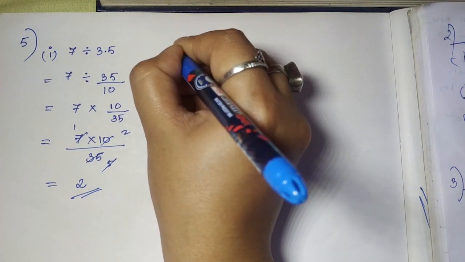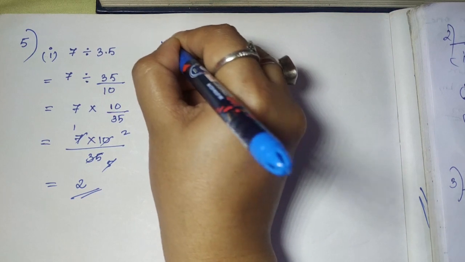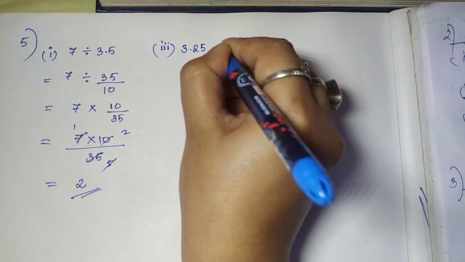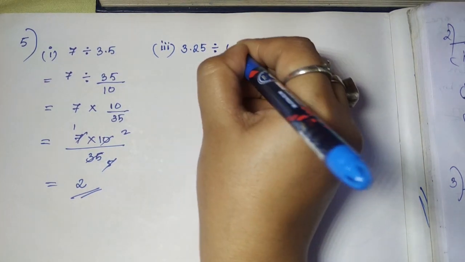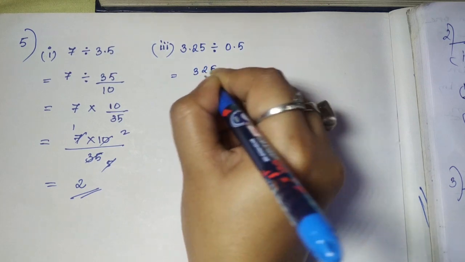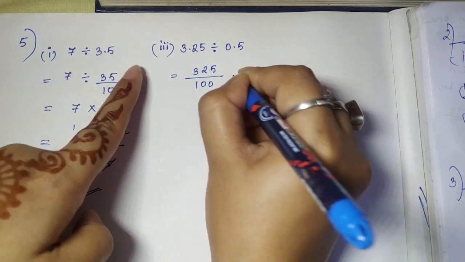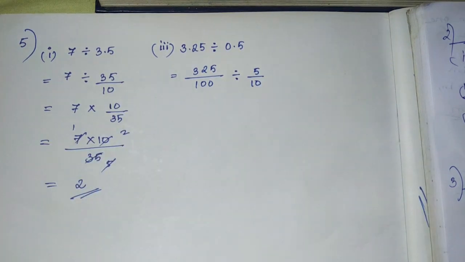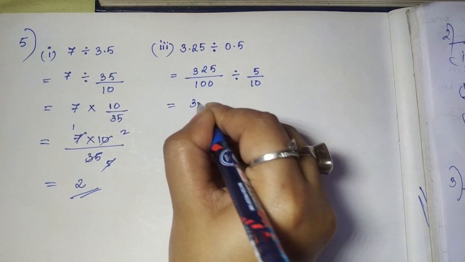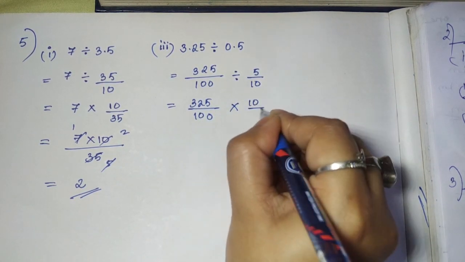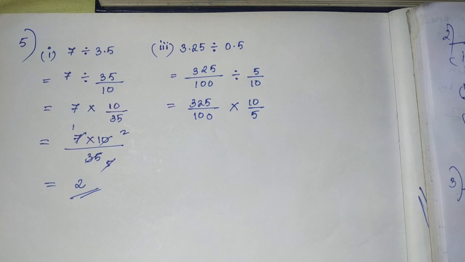I'll show you one more, that is question number 3. Okay, it is given as 3.25 divided by 0.5. So if you convert this one, 325 by 100 divided by this will become 5 by 10. Both are decimal numbers here. 325 by 100, if you change this one, this will become 10 by 5, it gets reciprocal, right?